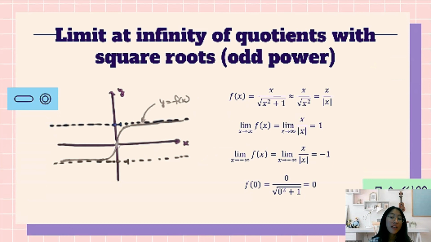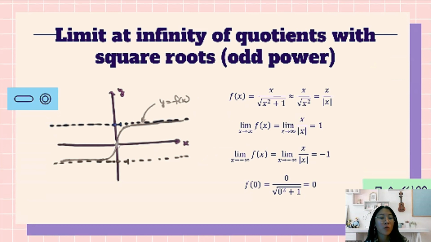And remember, the only reason I was able to make this statement is that f of x and this expression become very similar, or converge to each other, as x gets very large in magnitude. For negative x, the absolute value of x will be positive, so this is going to be negative x over x, which is negative 1.